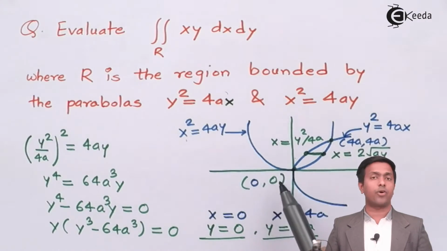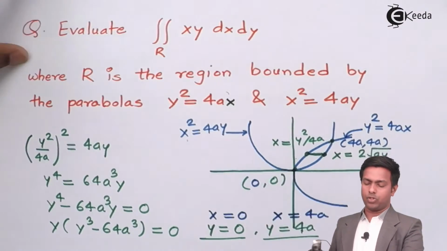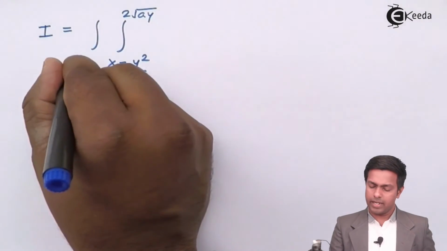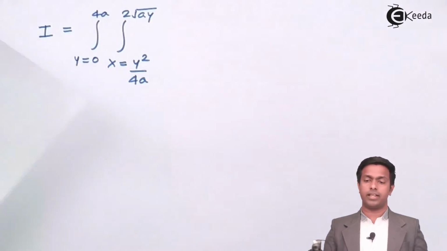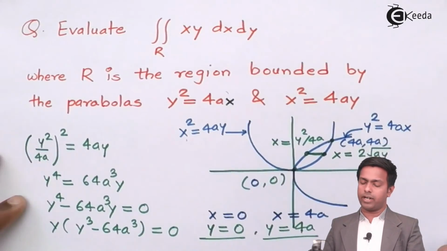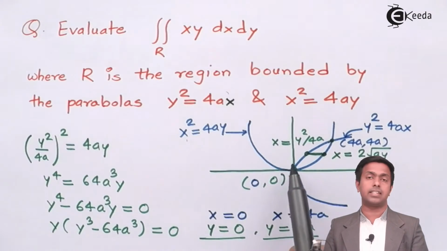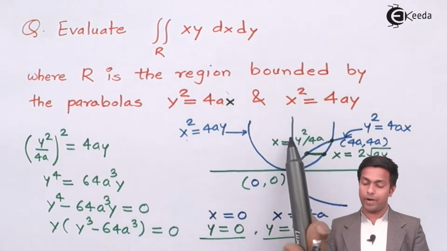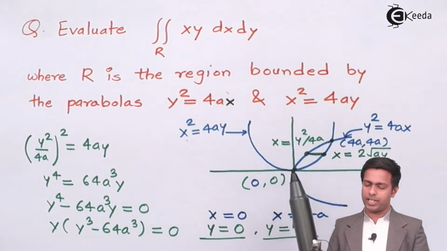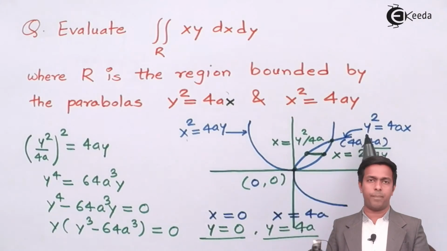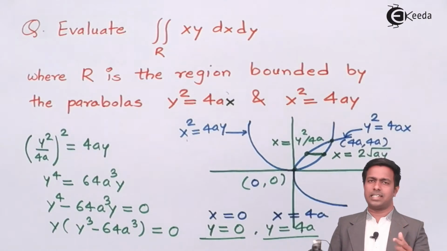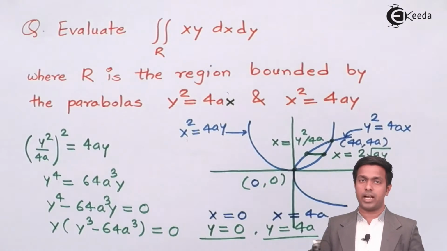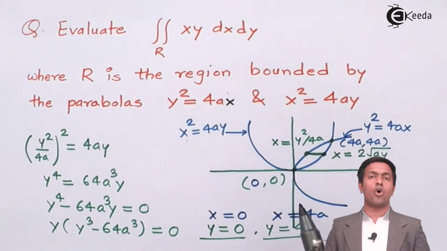So here the y coordinate is 0, here it is 4a. So we'll say that y is changing from 0 to 4a. So guys, again observe one thing, that in the coordinate system the value of y increases as we go up on the y-axis. So that is why I always take values from down to up. So I have taken from 0 to 4a. So this is just a hint because many students get confused whether we should take 4a to 0 or 0 to 4a.